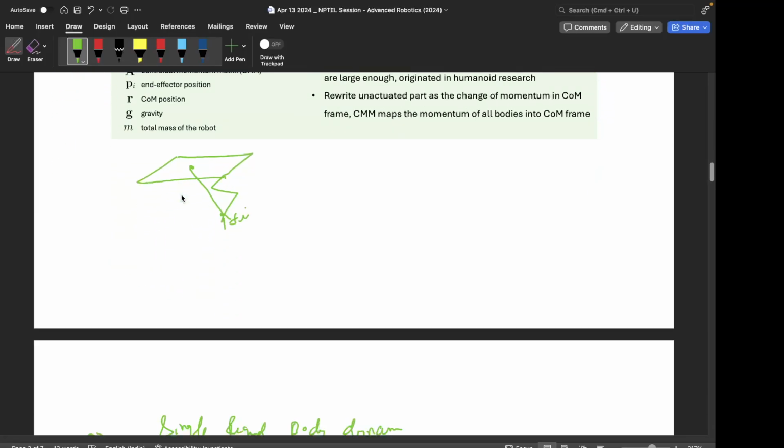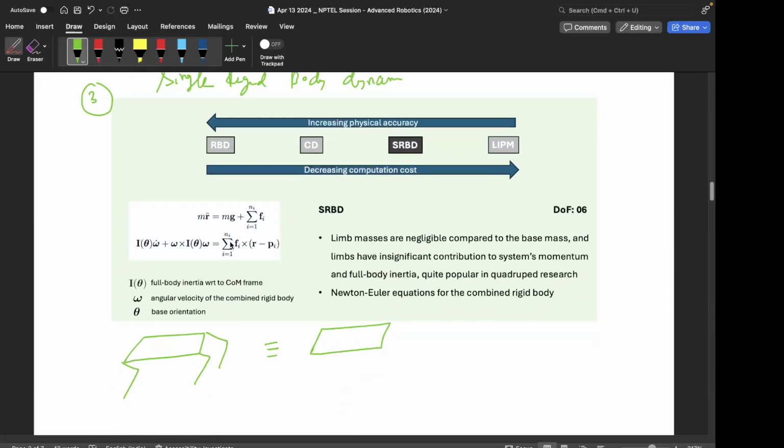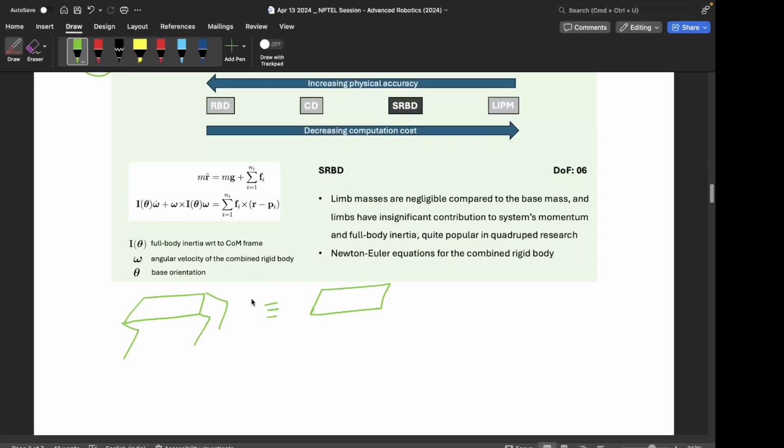So the momentum of the legs can be neglected in comparison to the base. And once we make that assumption, this robot with four limbs can be approximated as a single rigid body.